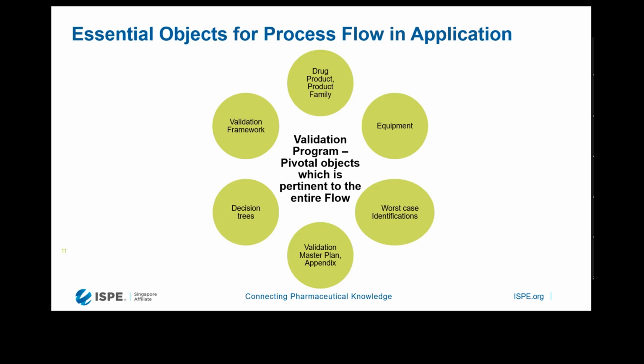The validation framework is the trigger point. That is why it is very critical. It would trigger exactly what you need to do as a user when you are performing certain things. The validation framework is fully configurable, again, based on your own expectations, requirements, and policy.